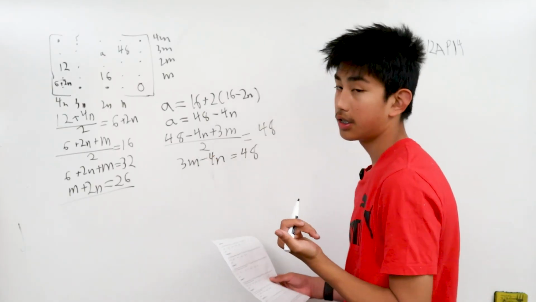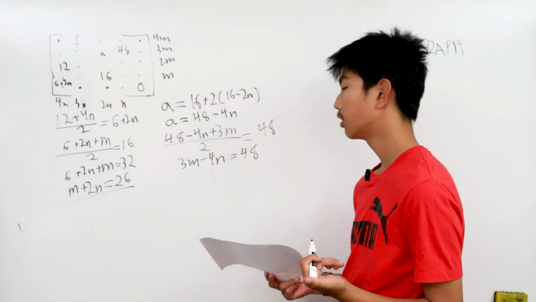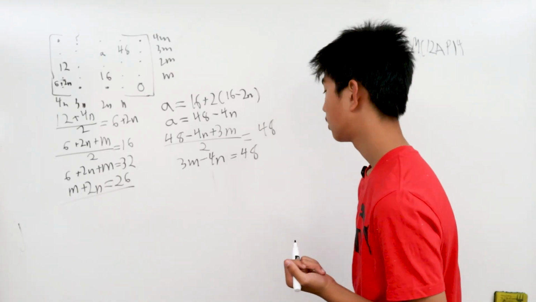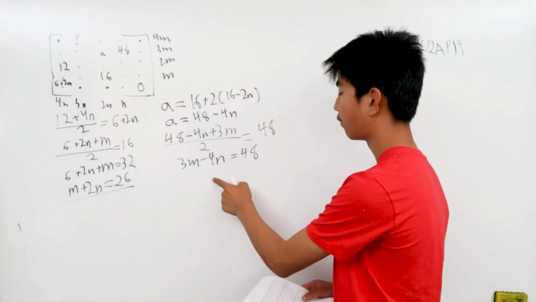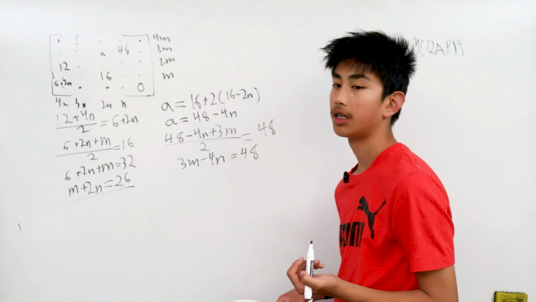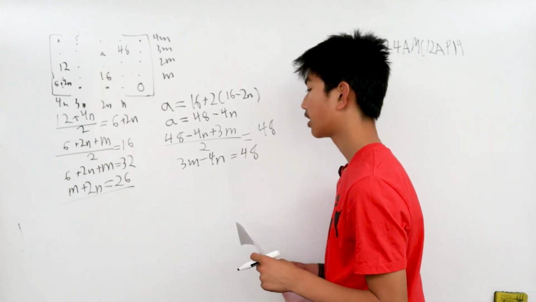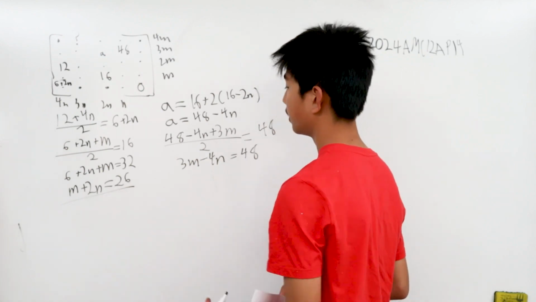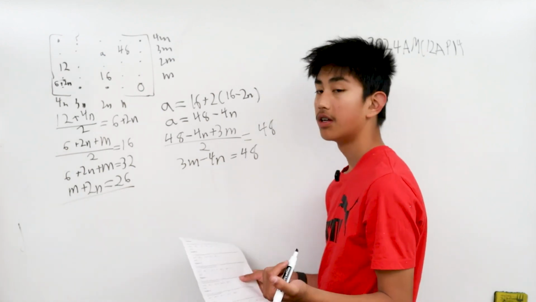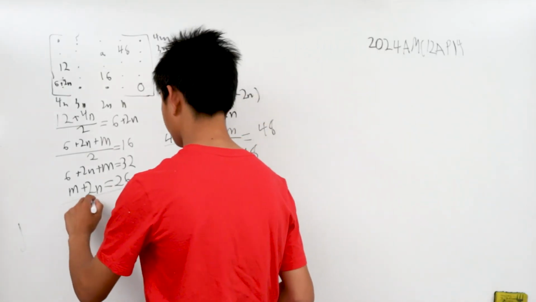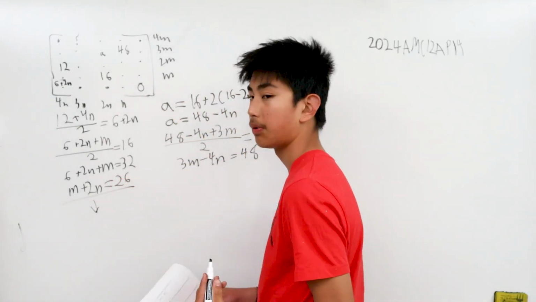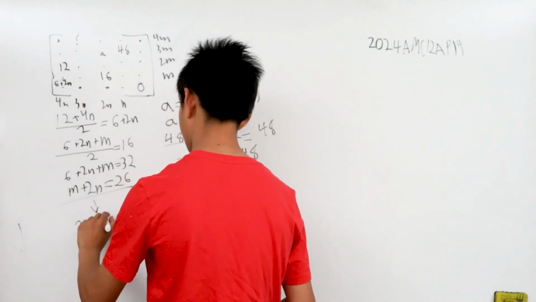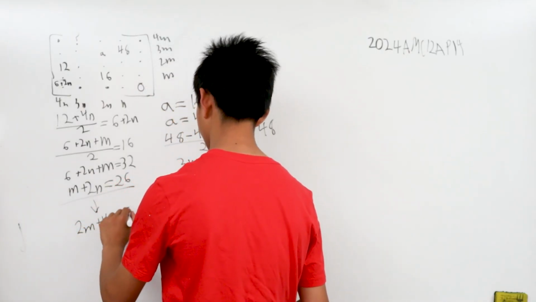And this is kind of basic. What you want to do is find the same multiple. This has minus 4n, and we want one variable to cancel out. One way we could do that is by multiplying the other equation by 2 to get a plus 4n, so that cancels and we only have it in terms of m. We multiply by 2 on both sides: 2m plus 4n is equal to 52.